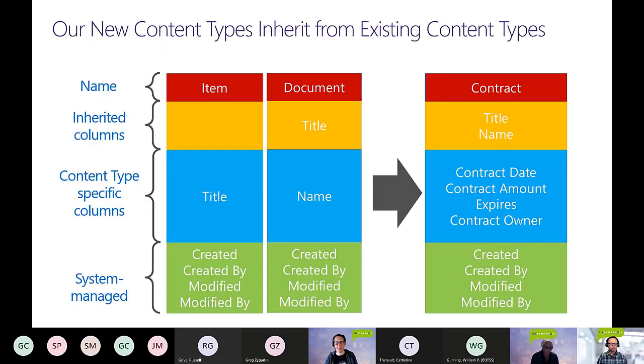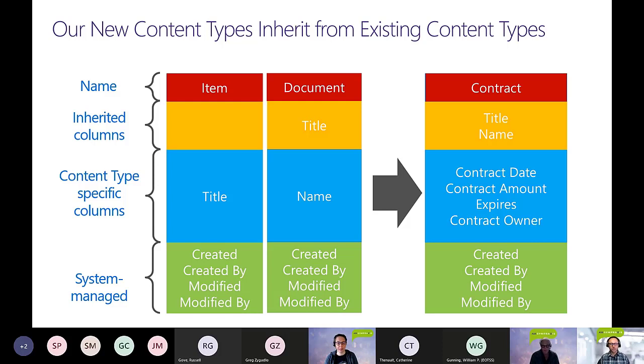And everything that we create inherits from an existing content type that we use as a starting point. So for example, we might create a contract that inherits from document. And we might add a couple of pieces of metadata to contract, like the contract date, contract amount, the contract owner. Any metadata that actually matters to define that business object for us as an organization.